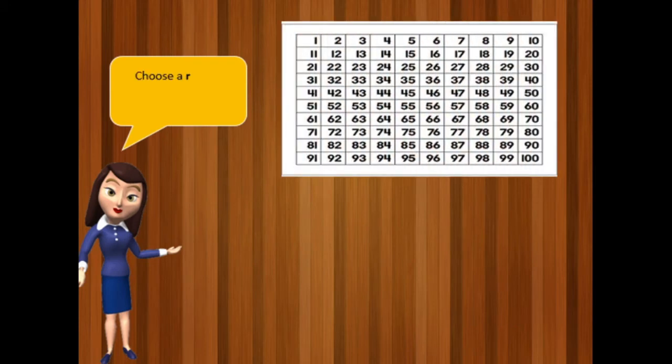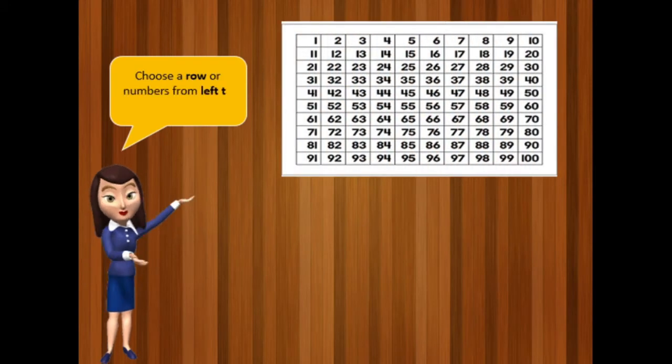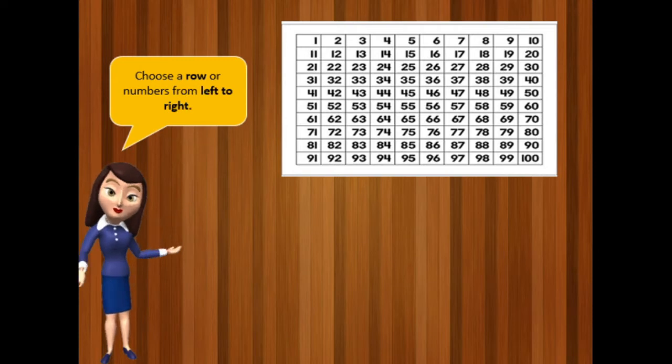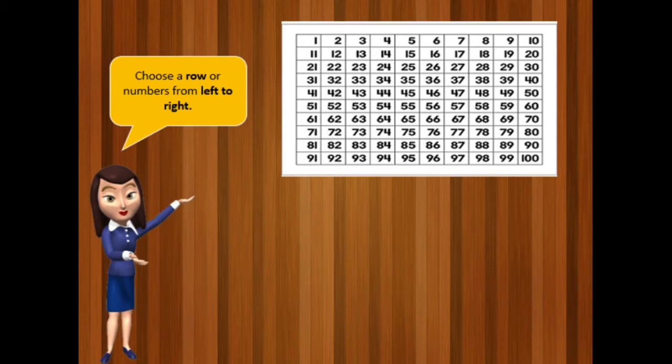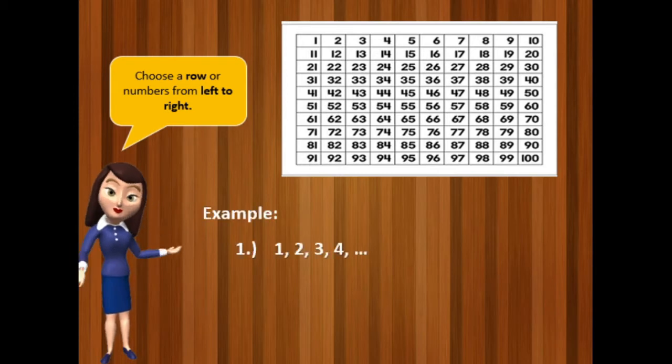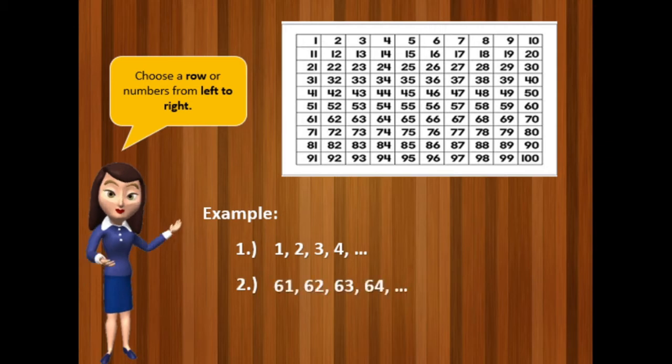We also included on the last video the different patterns of numbers. That is when we choose a row of numbers from left to right. For example, 1, 2, 3, 4, and 61, 62, 63, and 64.